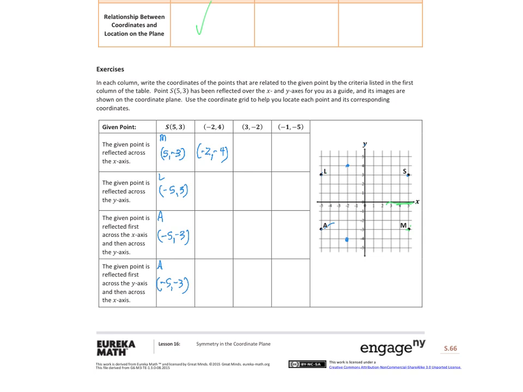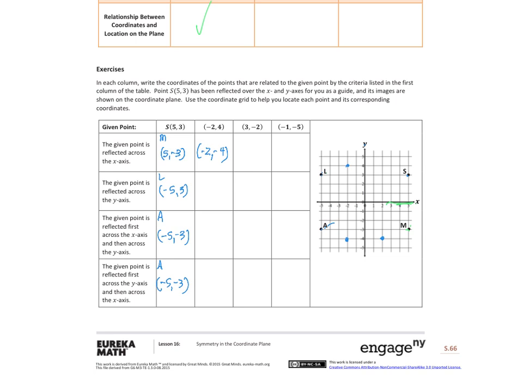If negative 2, 4 reflects across, I'm at negative 2, negative 4. Now I go back to my original point, and reflect across the x, and then across the y. So now I'm at 2, negative 4. So that's what I'm going to write.